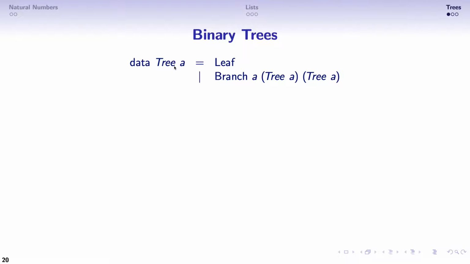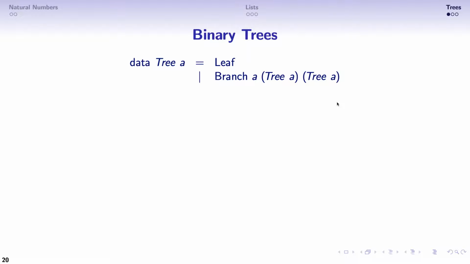So we could have a tree of anything, even a tree of trees if we like. And a tree can either be a Leaf, which has no parameters, it's just an empty tree, or a Branch, which contains a value, which is like our integer or whatever data we want to include in our tree, and a left subtree and a right subtree. Okay, so this is our definition.